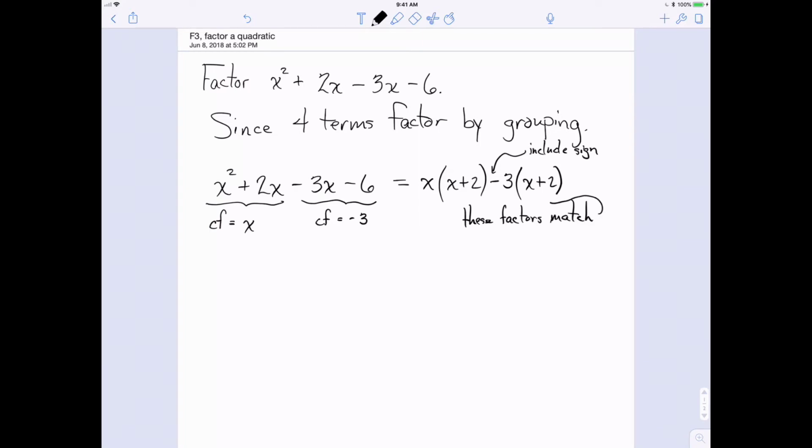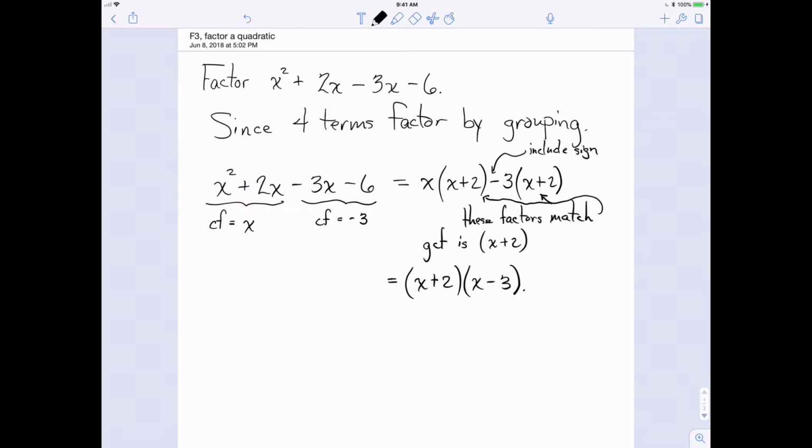Actually, it's the same factor, the greatest common factor. So since I have a GCF of x plus 2, I can factor that out, and I have x plus 2 times x minus 3.